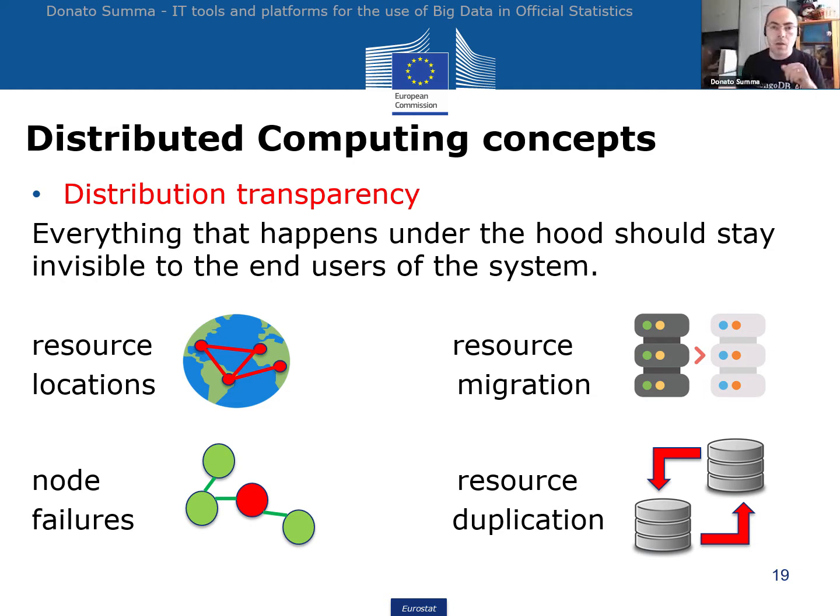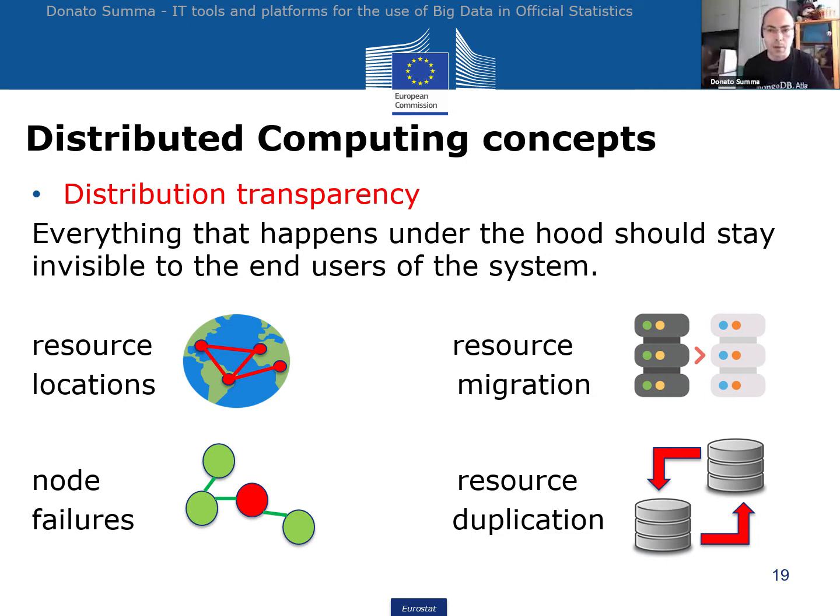The third concept that I want to point out about distributed computing is the so-called distribution transparency. Distribution transparency means that everything that happens under the hood should stay invisible to the end users of the system.